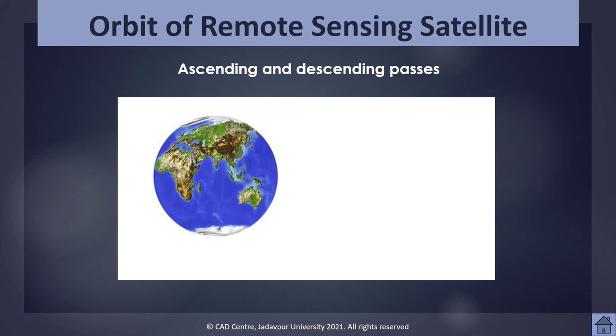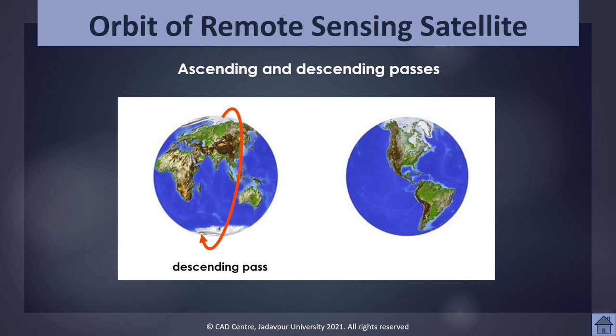Then the earth has the sun in one side. That means the sun will illuminate one side of the earth, and the satellite will move over the poles.